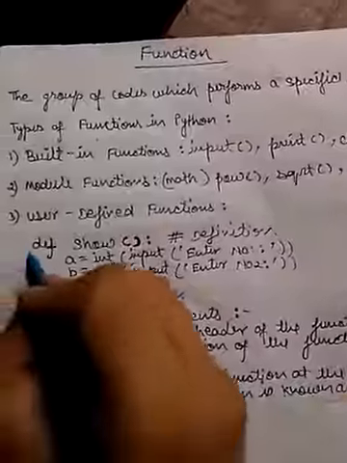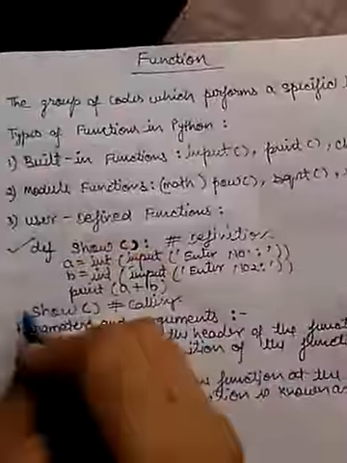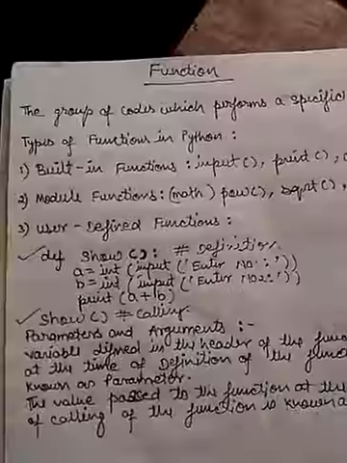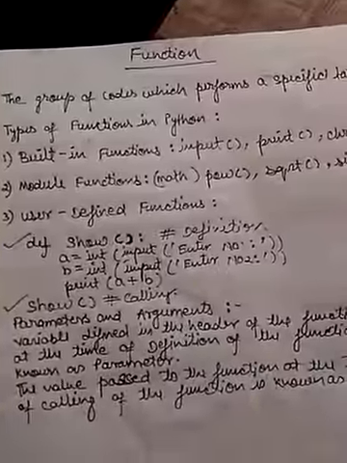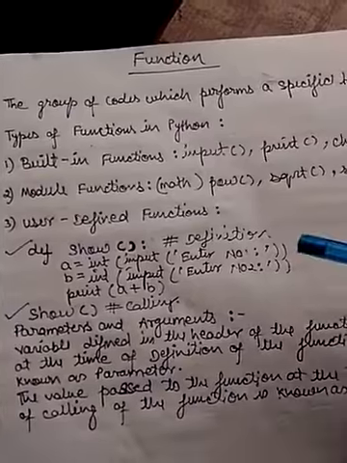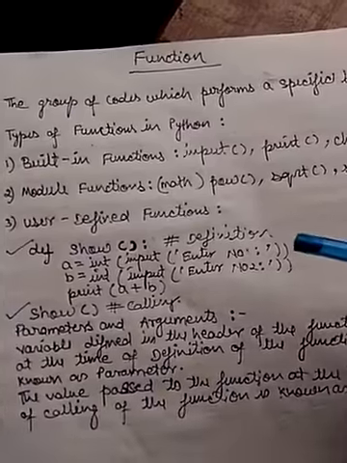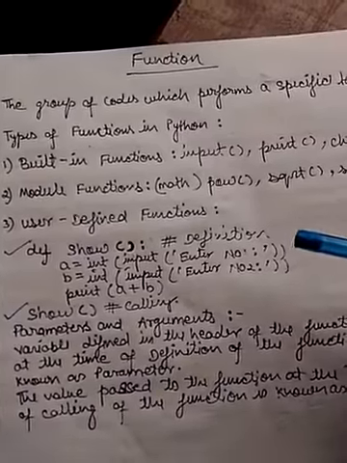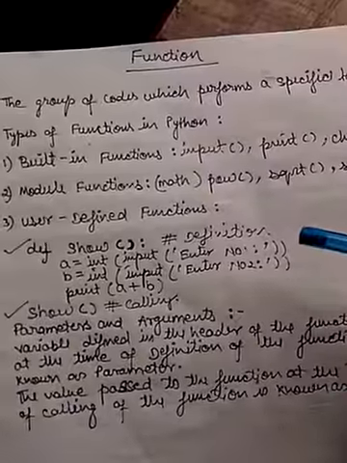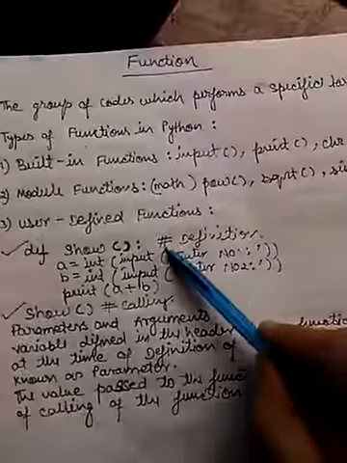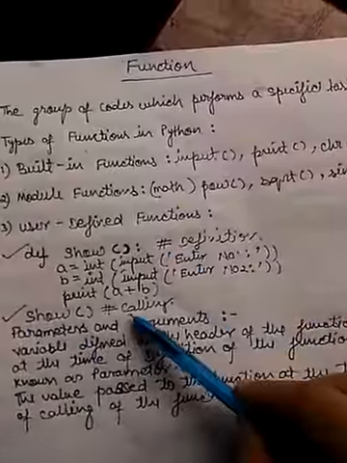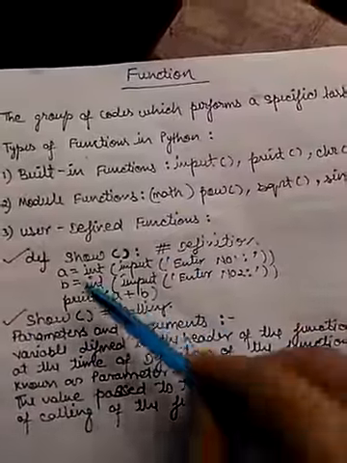So here two things are required. One is the definition of the function, another is the calling of the function. So in this way a user-defined function can be defined. A user-defined function is a function which is defined to perform a specific task. It consists of two things: first is the definition of the function, another is the calling of the function.